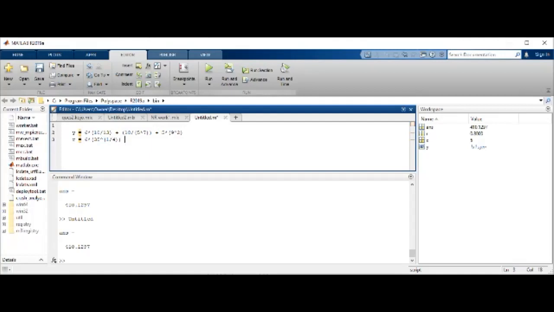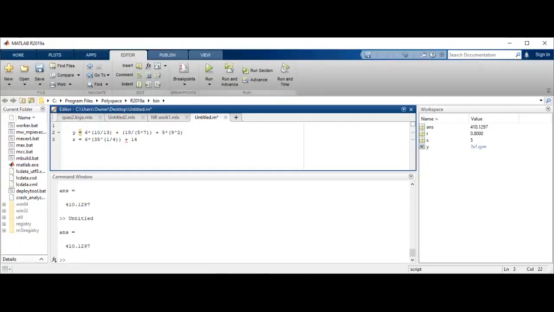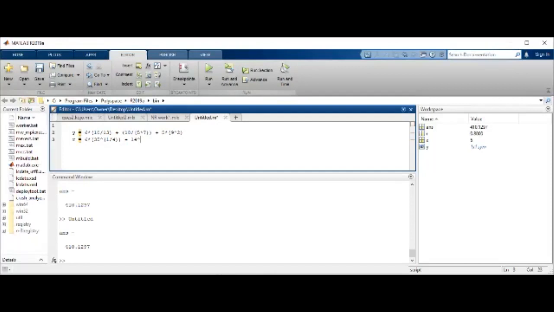Then plus 14 raised to the power 0.35. So just type 14, then it's raised to the power. Because it's a fraction, you can just put 0.35. So let's run it and see.